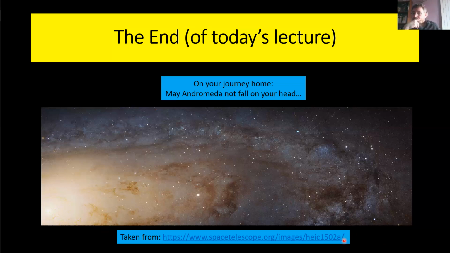This is probably the picture of the Andromeda galaxy with the highest resolution. If you would do the full resolution, you would need about 300, 400 of these massive flat screen TVs, next to each other, make a big wall of them, and then put this picture on.